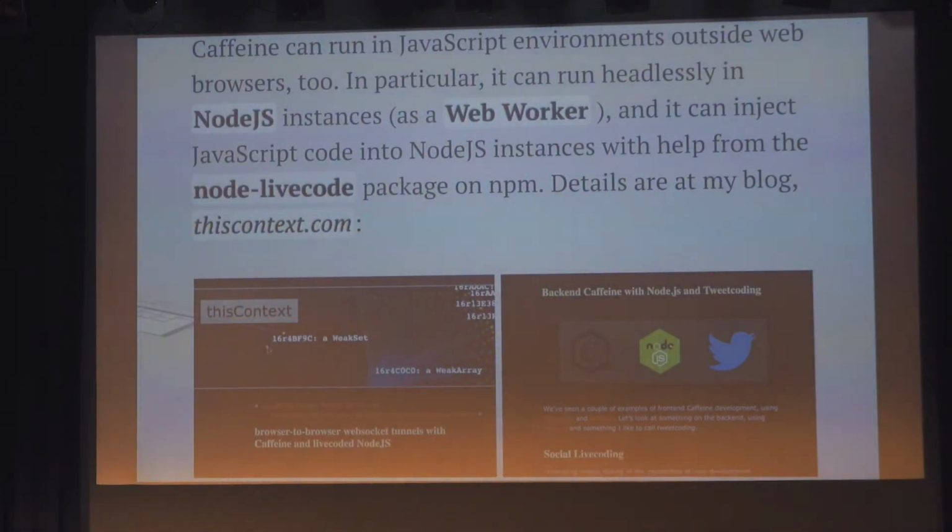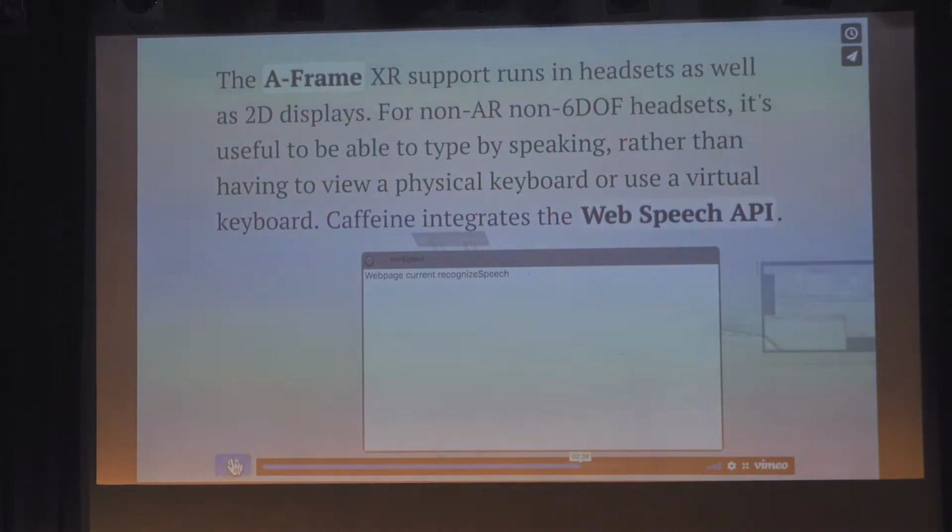And I'm in the middle of getting all of this running with Node.js as well. So it's not just something for inside web browsers, but anywhere JavaScript and eventually WebAssembly can run.